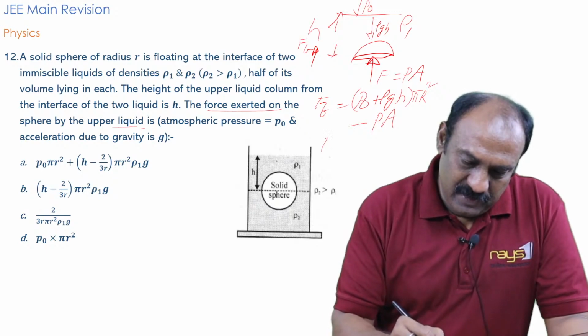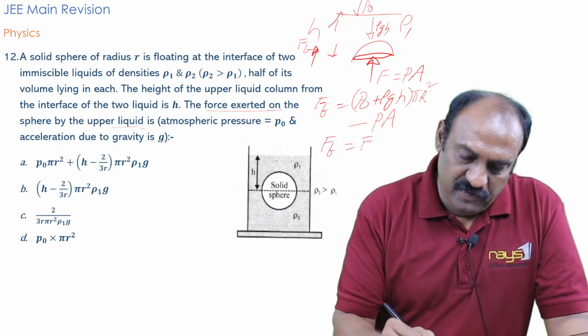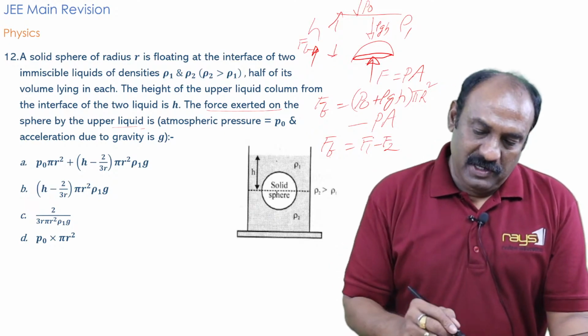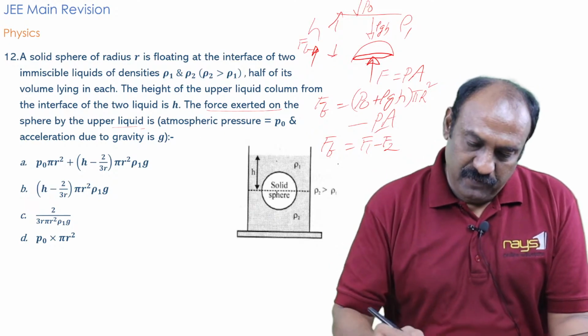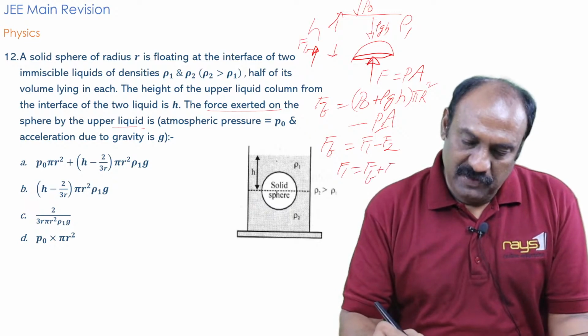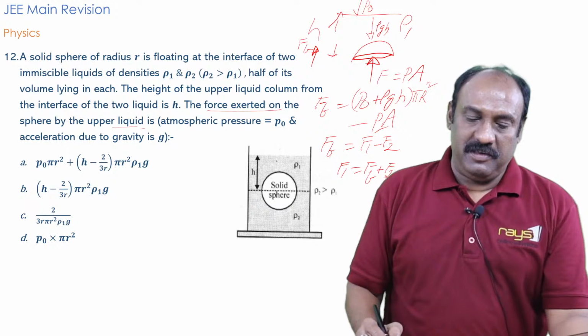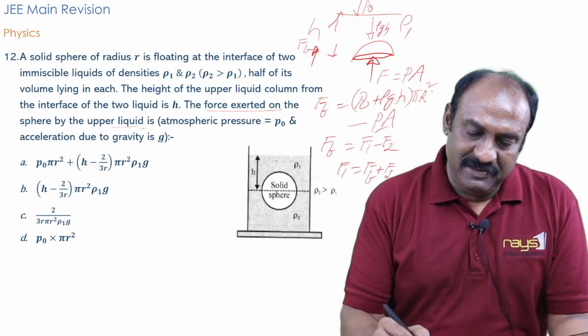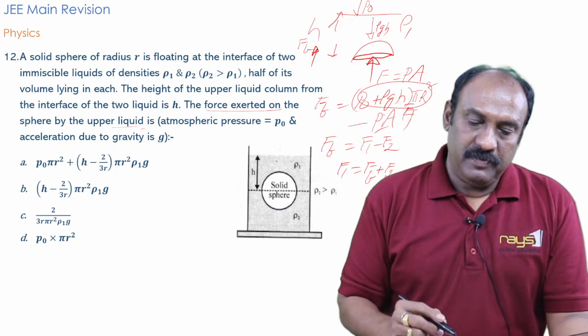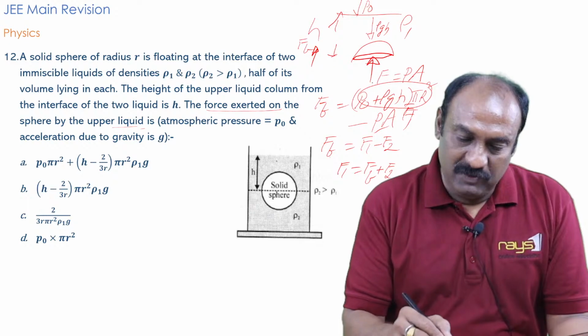Here FB is equal to F1 minus F2. I want F1, so F1 is equal to buoyant force plus F2. So, first I consider all this one as F1, and this one as F2.